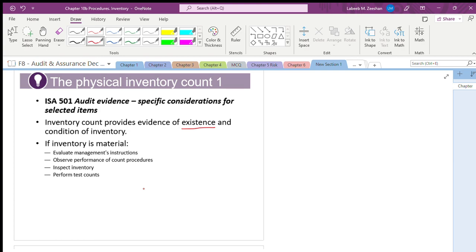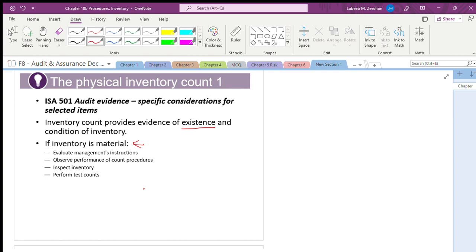If inventory is material, see what you are going to do when there is a physical inventory count. The most important thing is you have to plan. It says that if material, it means you have a value worth it.